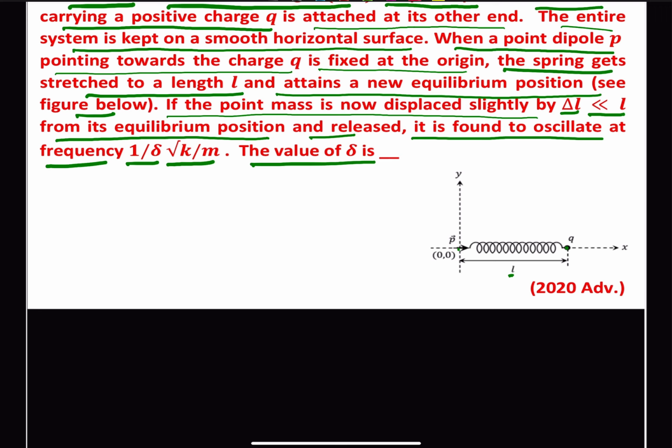So first of all, we are going to find the force between the point dipole and the point charge. Under equilibrium condition, this force will be equal to the restoring force, because the dipole is going to push the charge towards the right and the spring is going to give a restoring force toward the left, and in equilibrium these both should be equal.